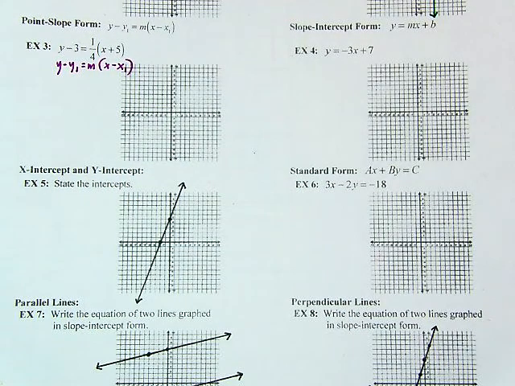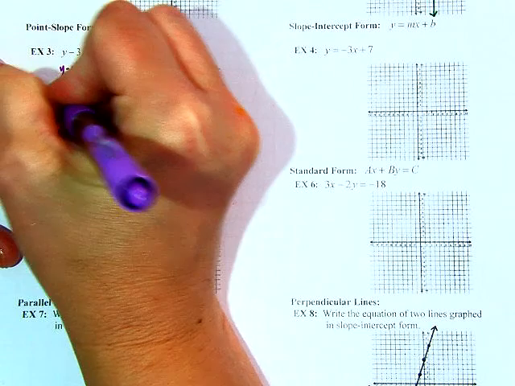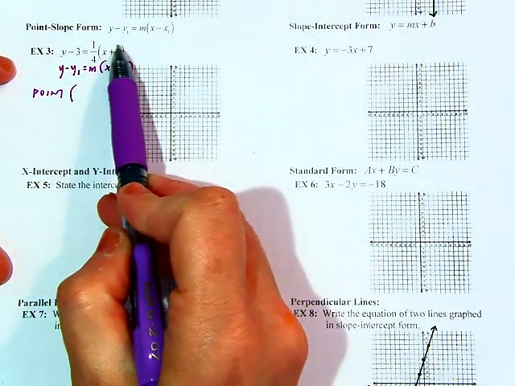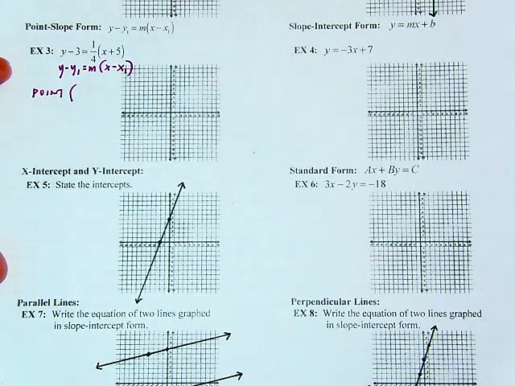So when we have point-slope, that means that they're giving us one point that the line passes through, along with the slope. So the point that it passes through is going to be -5, +3. It is the opposite of what it appears.